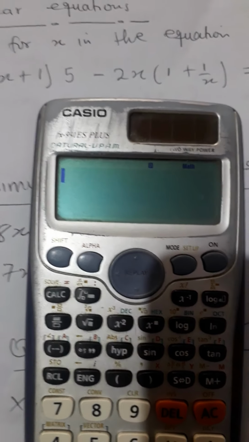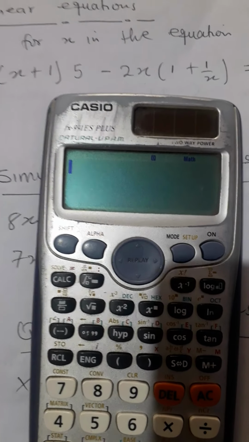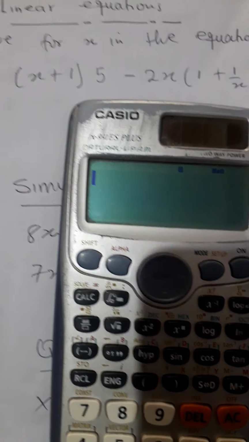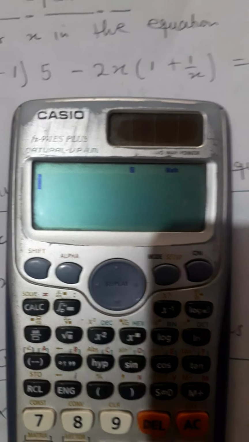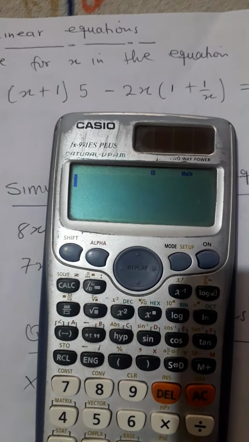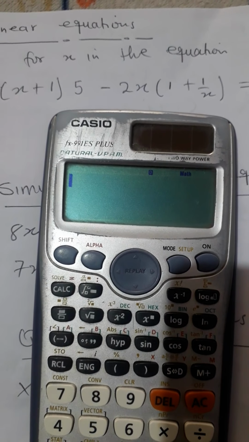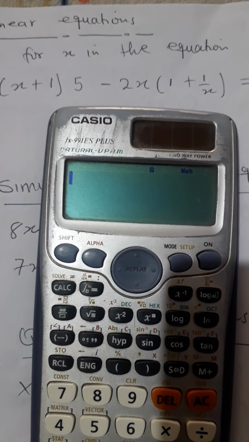Whatever key has the color red on it, you are supposed to use the alpha to call for that key. If you want to call for keys with the yellow color, you are supposed to use the shift.